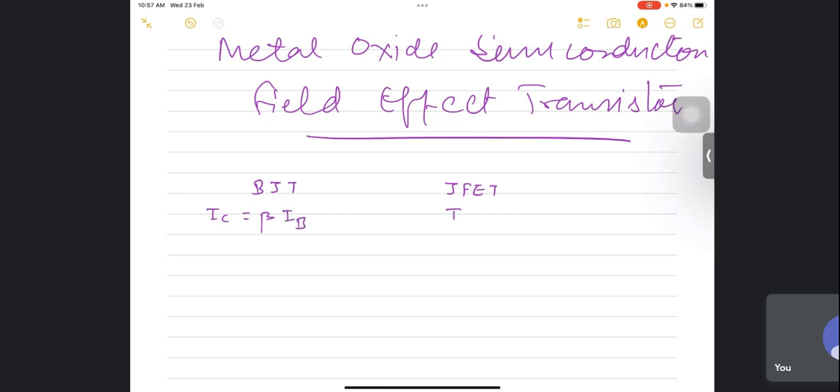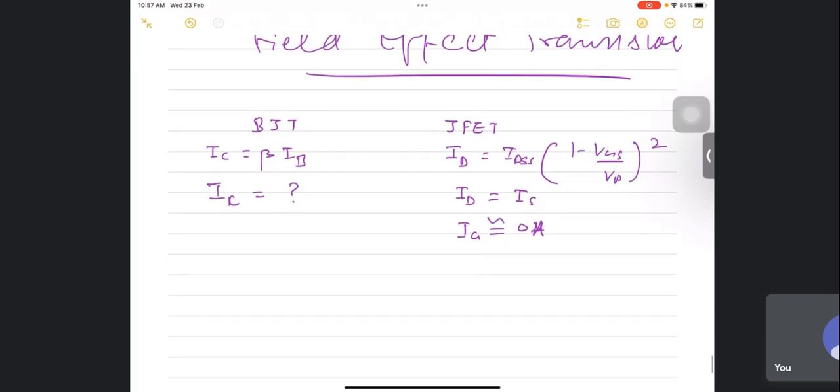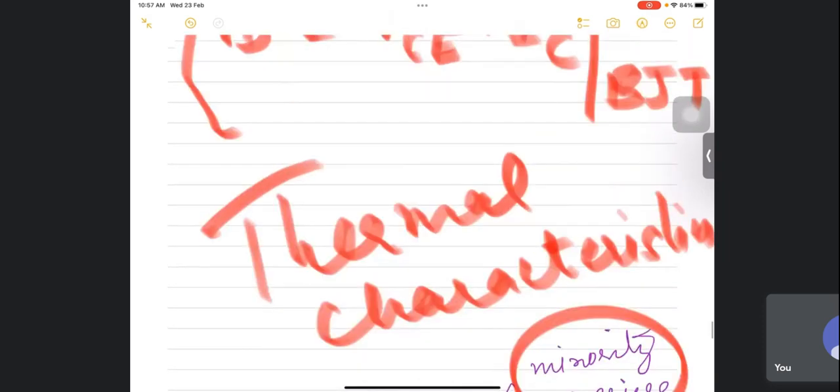Here, ID is equal to IDSS (1 minus VGS by VP) whole square. So here we have IC current, and here we have ID equal to IS. Gate current is very small, 0 ampere, sorry. And here this is IC versus VCE; here it is ID versus VGS.